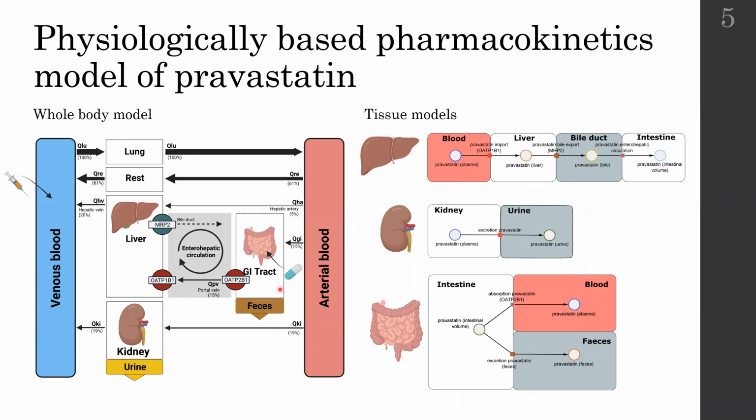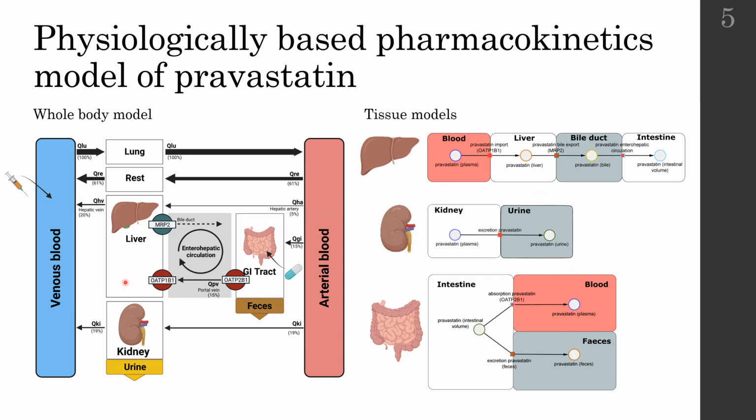For instance, when applied orally, pravastatin is isomerized into its metabolite in the stomach, and the intact fraction of pravastatin will reach the intestine, from where it can either be excreted directly into feces, or it can be actively transported by OATP2B1 into the portal vein, and subsequently into the liver via OATP1B1.